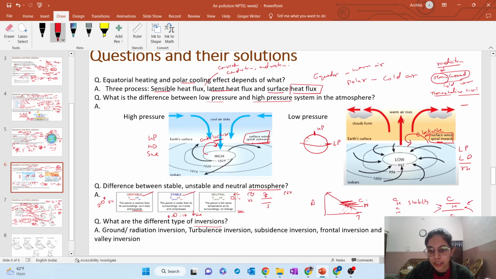Subsidence is when there is an industry, and the industry has a very long shaft. Now this region should be hot, this is cold, and this should be even colder.